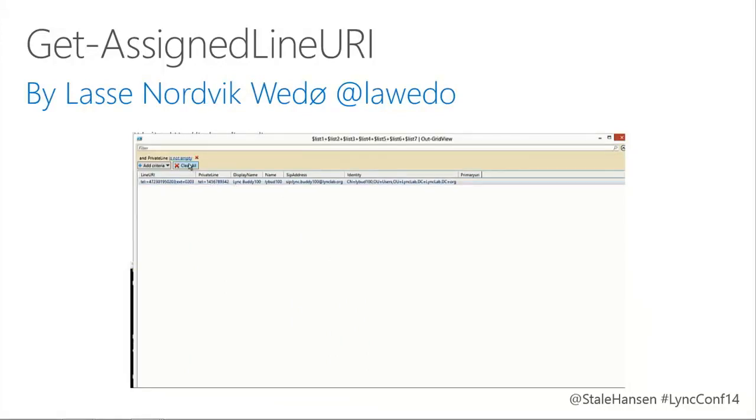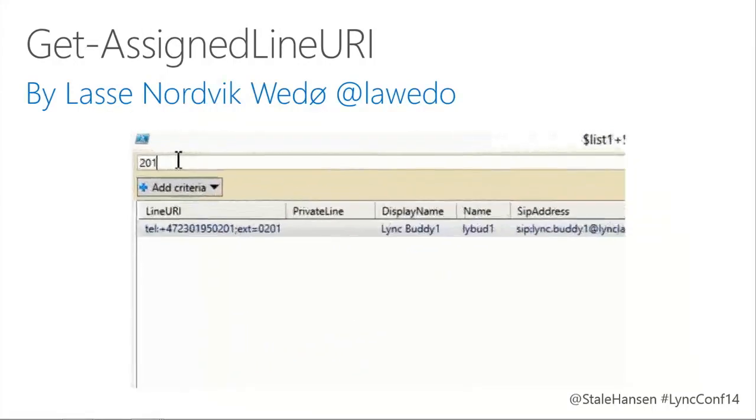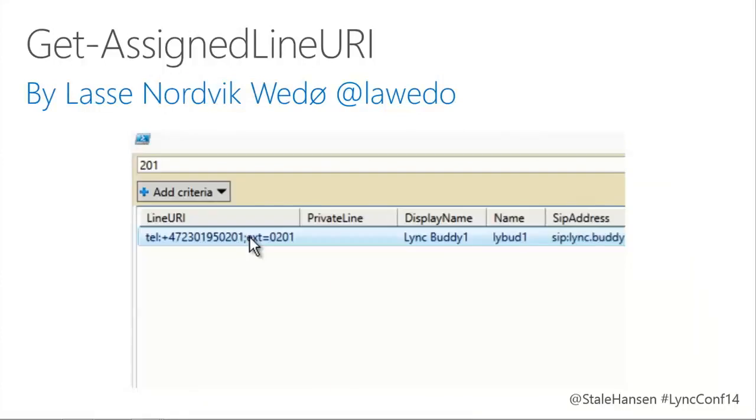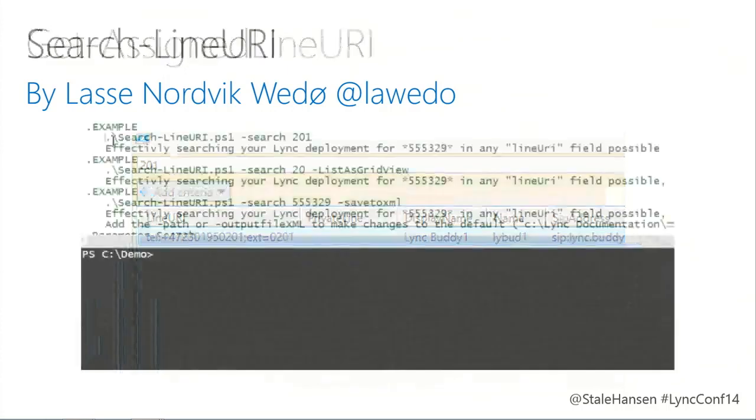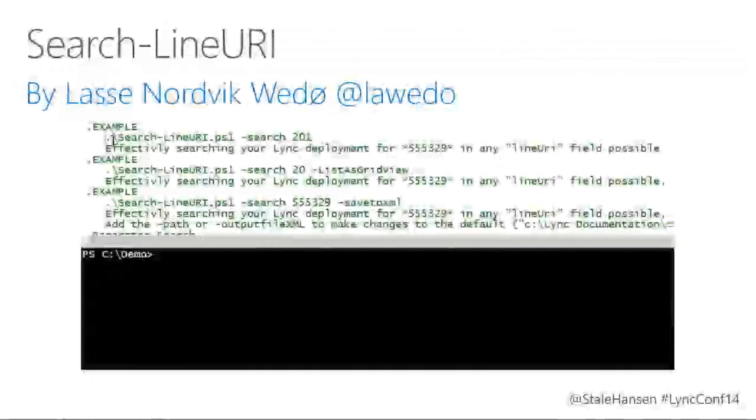And it's useful when troubleshooting, and you don't know what user has what number, is that number really assigned, and stuff like that. And also you can search for specific numbers or whatever, and find what user has what number. Cool? So I find this specifically useful, the grid view.